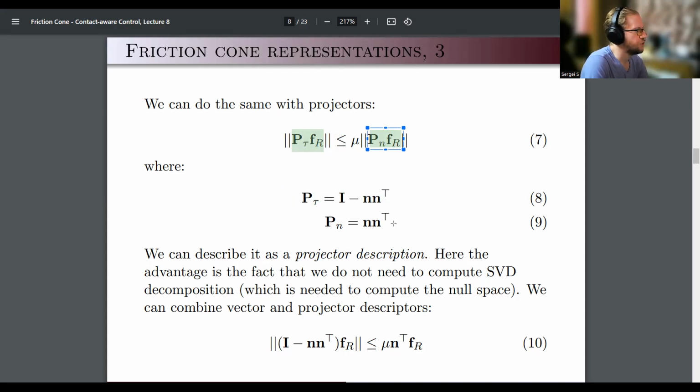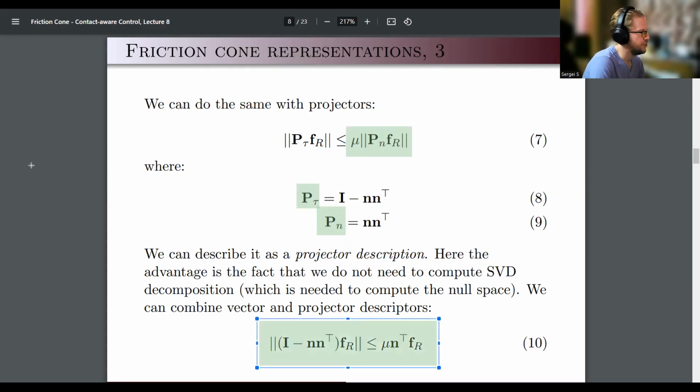Now, the problem is, of course, we don't want to compute so many entities. Especially we don't want to compute this norm, because ultimately we don't have to. We can get away with computing the dot product there. So what we can do is combine this with the previous slide to get this description downstairs.